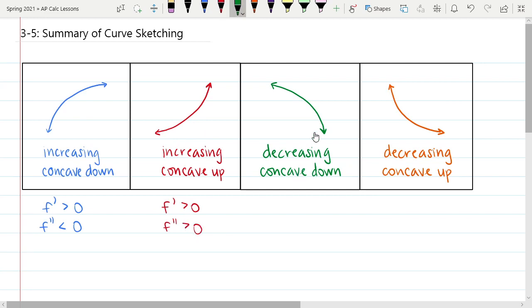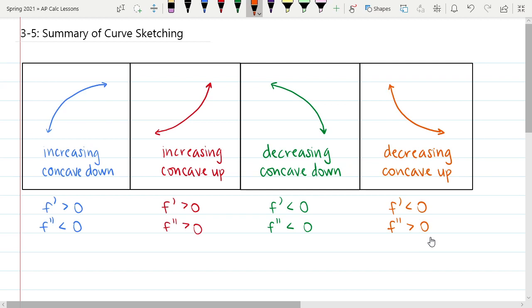When the graph is decreasing, f prime is negative, and concave down means f double prime is also negative. And finally, when we have decreasing and concave up, f prime is negative and f double prime is positive.